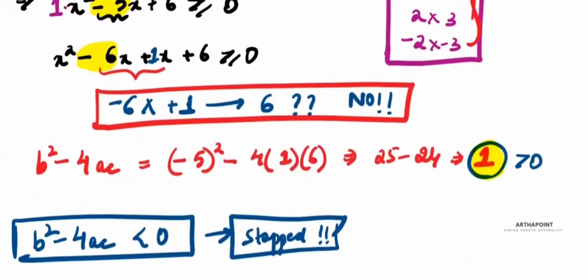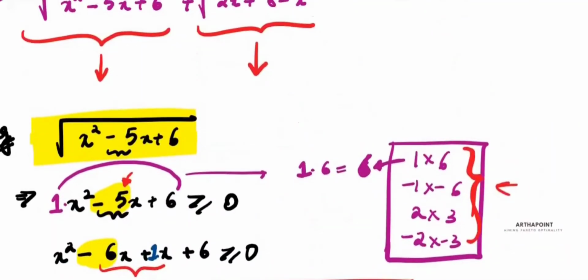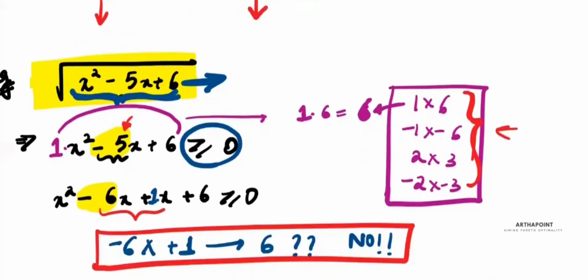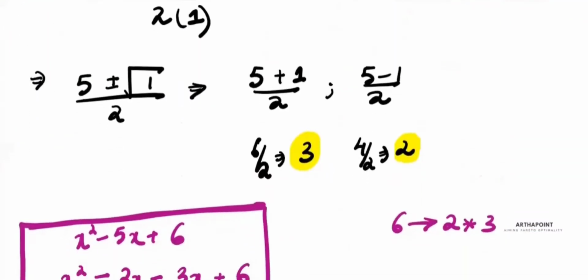Now understand, what am I saying? I am saying that whatever comes inside this has to be greater than or equal to 0. And this thing right here, I have found out 2 factors of this thing, and the factors are 3 and 2.